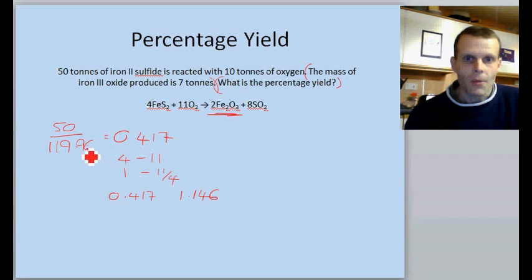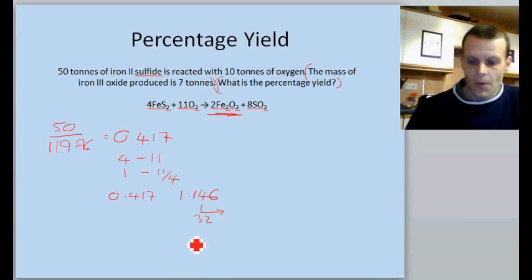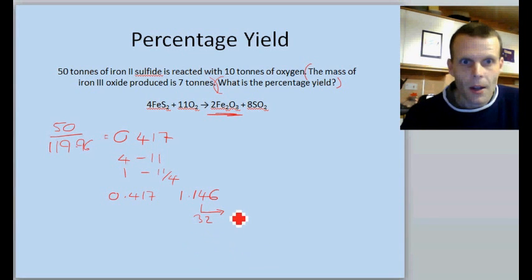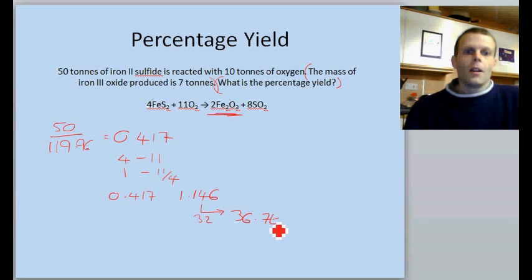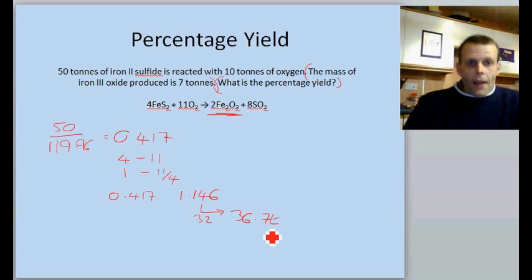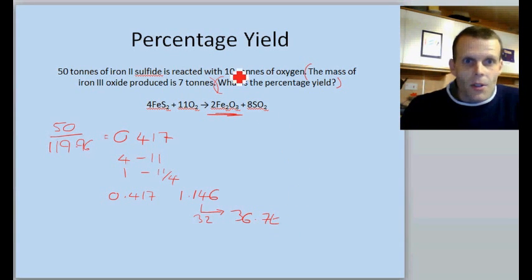So that's how many moles of oxygen react with that amount of iron 2 sulfide. What does that come in as in terms of an actual mass? Well, the mass of 1 mole is 32, so we multiply that by 32, that comes to be 36.7 grams, or tons. So do I have 36.7 tons of oxygen? No, I've only got 10.